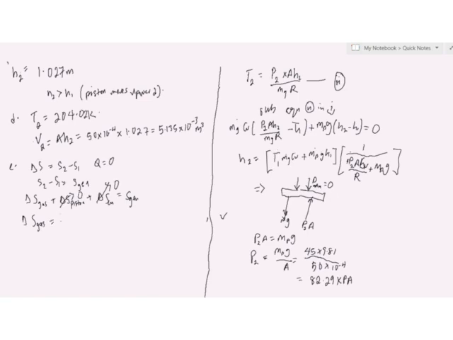So this is now equal to mass multiplied by the specific heat capacity at constant volume, times ln of T2 over T1, minus the mass of the gas multiplied by R, ln V2 over V1. This is the mass of the gas, which we calculated in A part of the question.